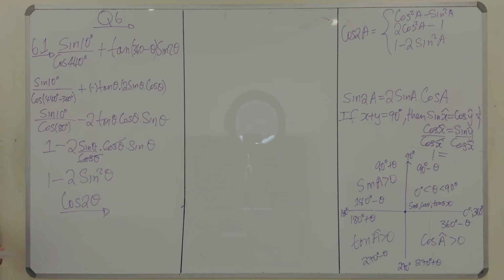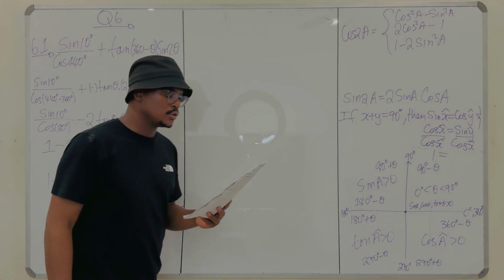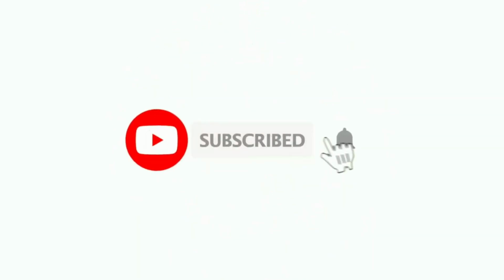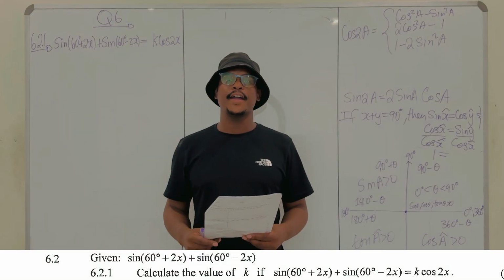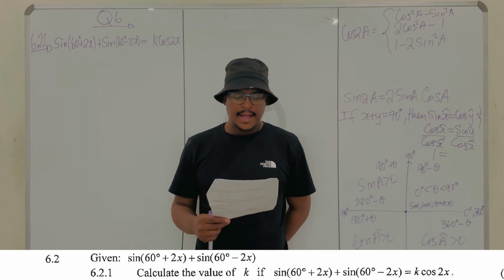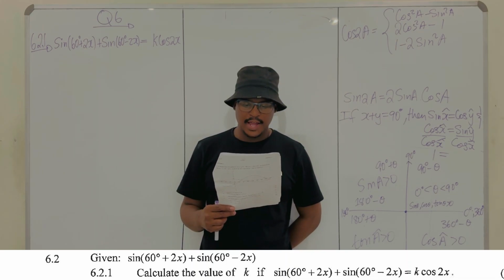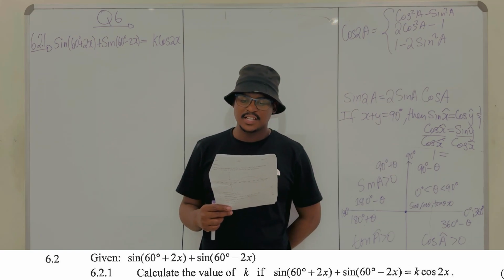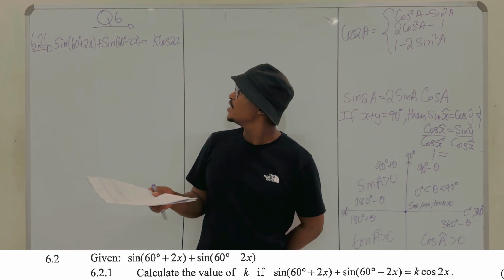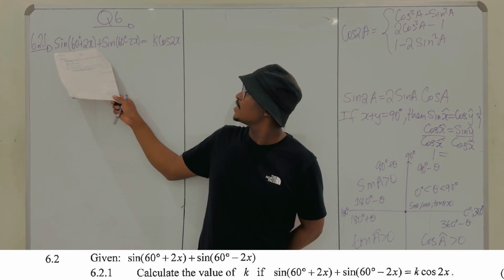We're going to go to 6.2. Okay, so now we're doing 6.2. At 6.2, we are given sine of 60 degrees plus 2x plus sine of 60 degrees minus 2x. We're given the left-hand side only, right?